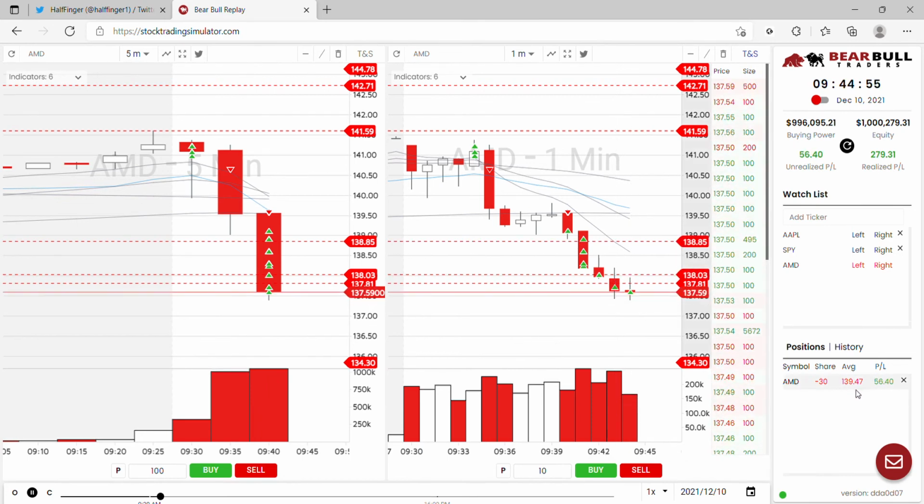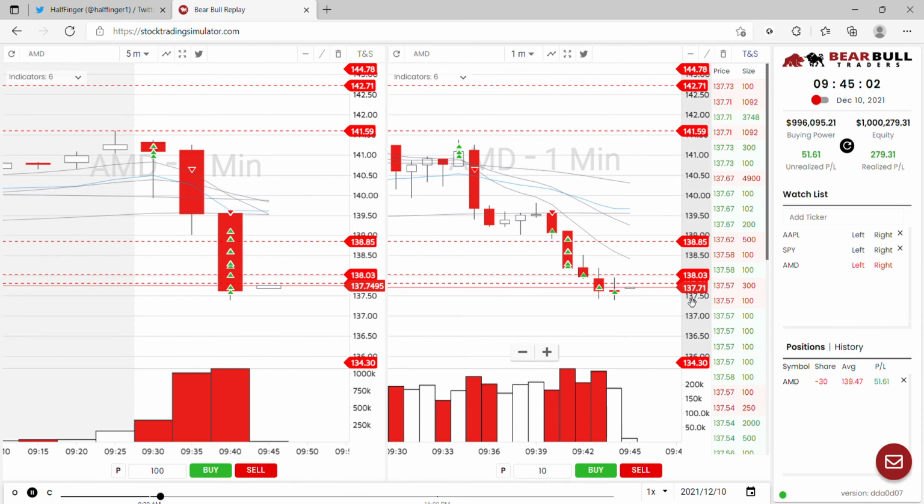We have our entry at 139.47 with a 50-cent stop. Now we're at 137, so we have a $2 move here. So this is very nice.